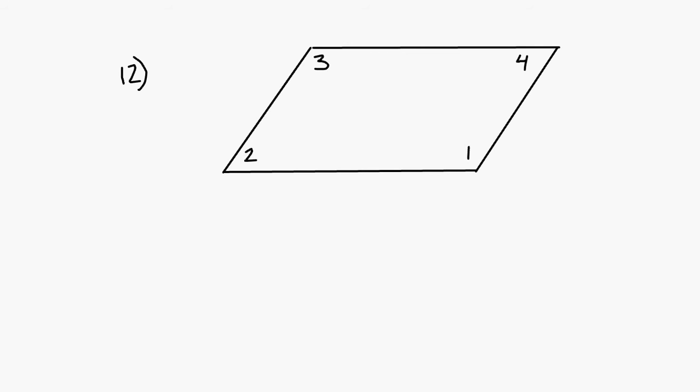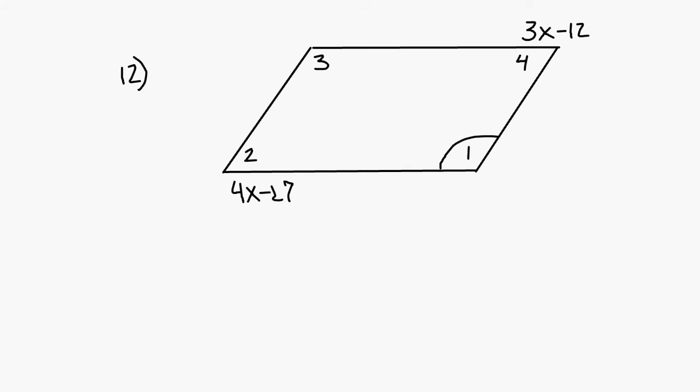You're told that the measure of angle 2 is 4x minus 27. So this is 4x minus 27. Angle 4 is 3x minus 12, so 3x minus 12. Find the measure of angle 1. So you're looking for this angle right here.